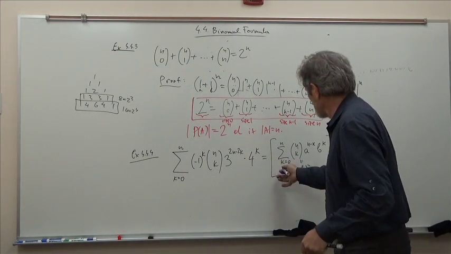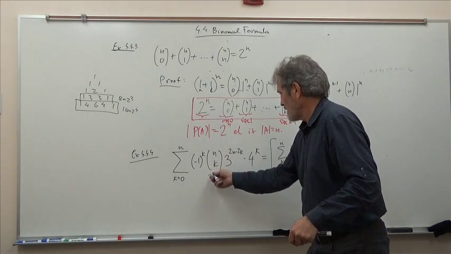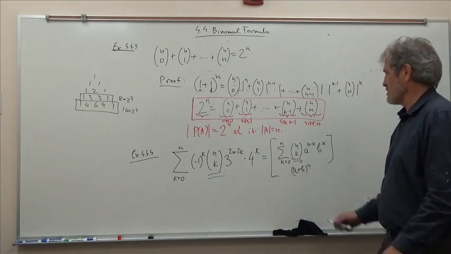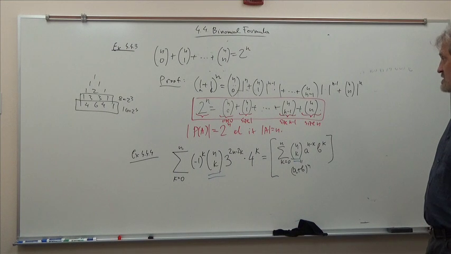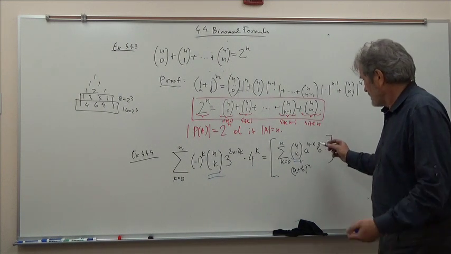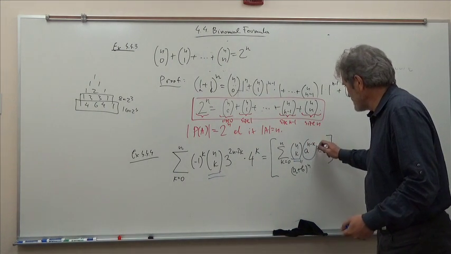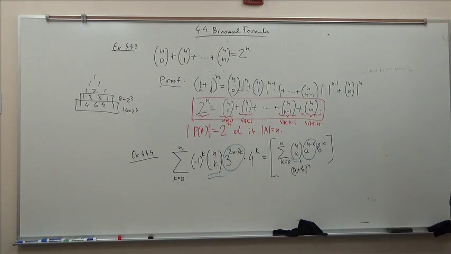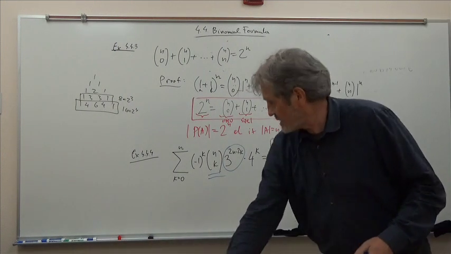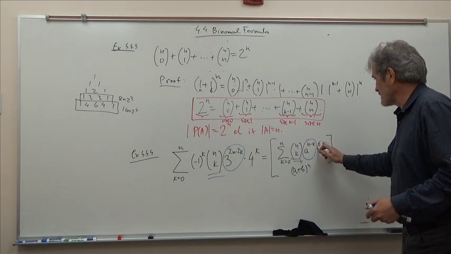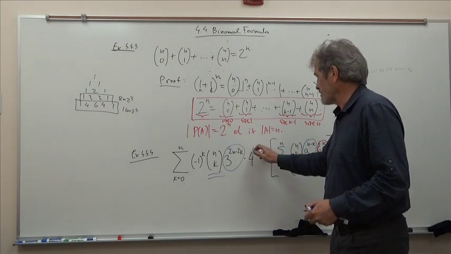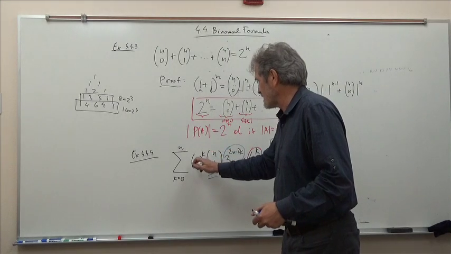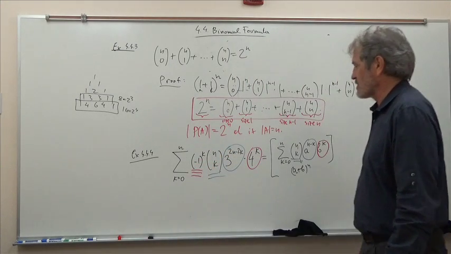And k goes 0 to n, perfect. And n choose k, perfect. Who is to the n minus k? A to the n minus k looks here, and it looks here. So, what? And then who has k? Let me put that in a different color. So b goes to the k. And here who has power k? This guy has power k. And this guy has power k.